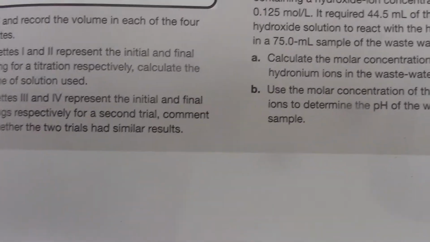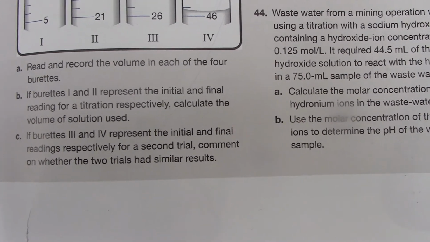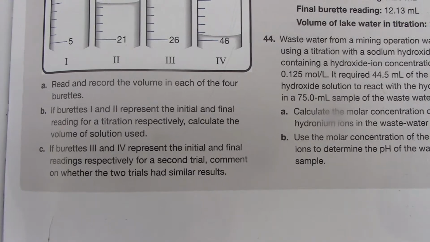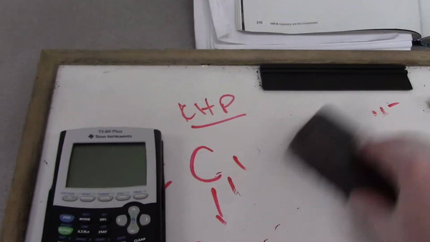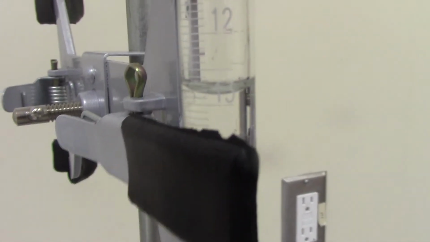Okay, so B says if burettes 1 and 2 represent the initial and final reading for a titration, calculate the volume of solution used. So if I look at how to read this off a burette, I started with my burette at a volume of 0, and then I went down to 12.7.